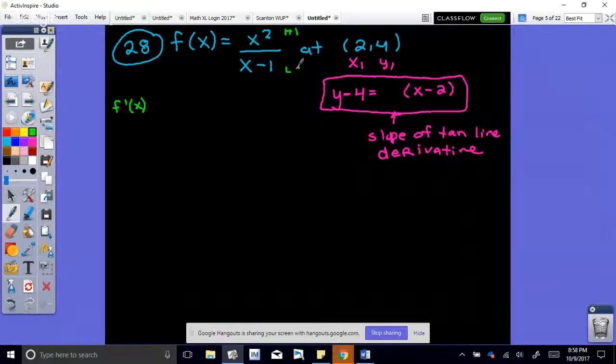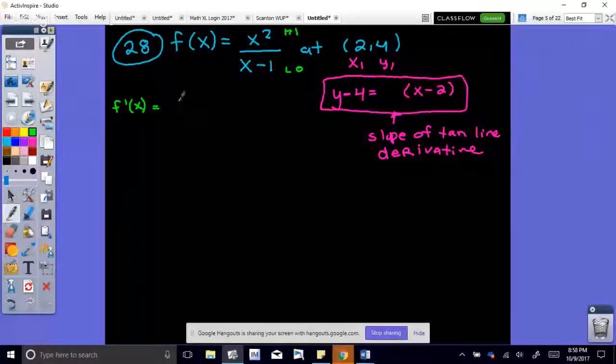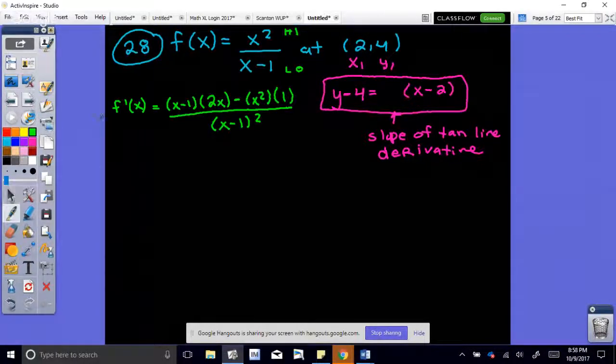So I have a high part of the function and a low. To find this derivative, we have low, x minus 1, d high, the derivative of x squared is 2x, minus high, x squared, the derivative of x minus 1 is just 1. All divided by (x minus 1) squared.